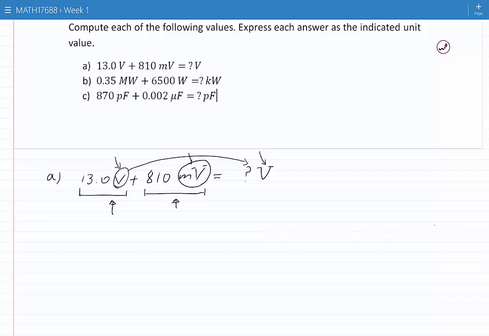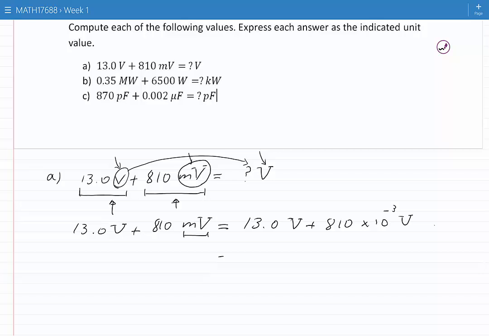Therefore, 13.0 volts plus 810 millivolts is equal to 13.0 volts plus 810. Instead of millivolts, we can say 10 to the minus 3 volts, as milli stands for 10 to the minus 3.